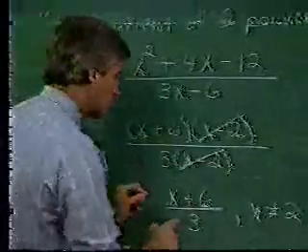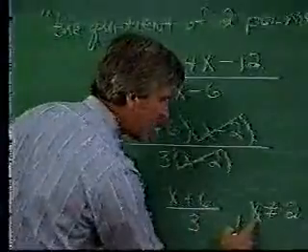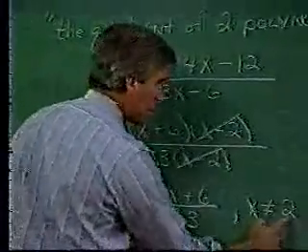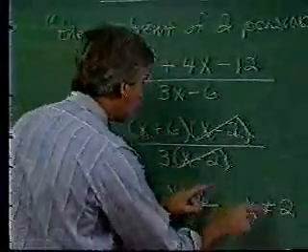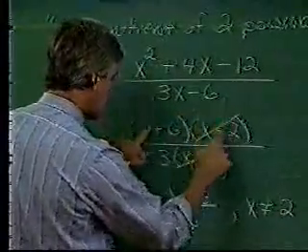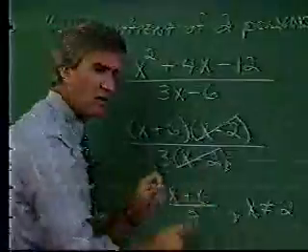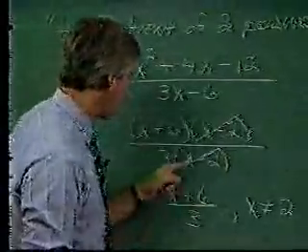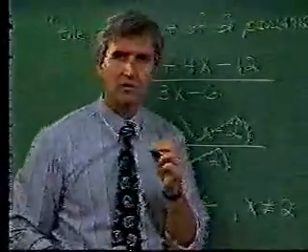The other thing to notice is that I've written here x is not equal to 2. Now, look back at the beginning. I factored 3x minus 6 into 3 times x minus 2. But we have said that denominators cannot take on the value 0.